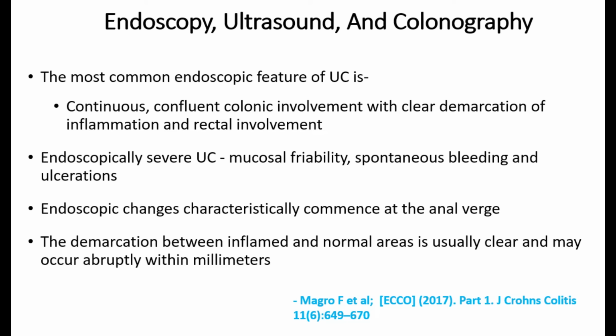Endoscopically, severe ulcerative colitis shows mucosal friability, spontaneous bleeding on examination, and deep ulceration. The endoscopic changes characteristically commence at the anal verge. As I said, if the rectum is not involved, don't think of the diagnosis of ulcerative colitis; think about other pathology. The demarcation between inflamed and normal areas is usually clear and may occur abruptly within a few millimeters.